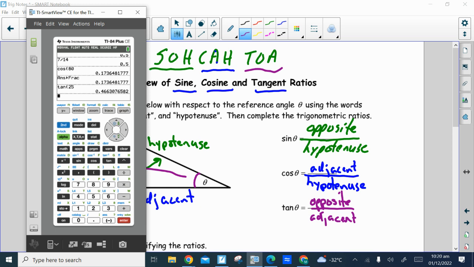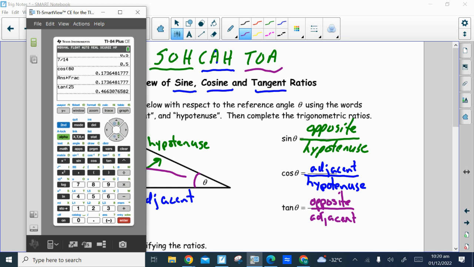But what that means is if you had a right triangle, which means it has a 90-degree angle in it, but also one of the other angles is 25 degrees, from that angle, if you took the length of the opposite and divided by the length of the adjacent, this is the decimal it would give you: 0.4663076582, and there's more numbers there.